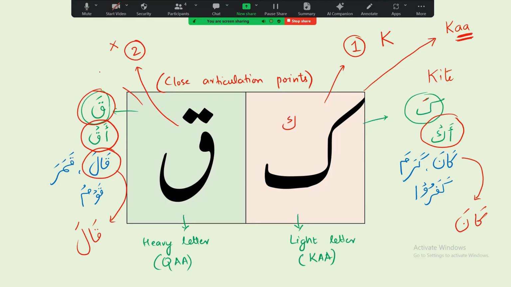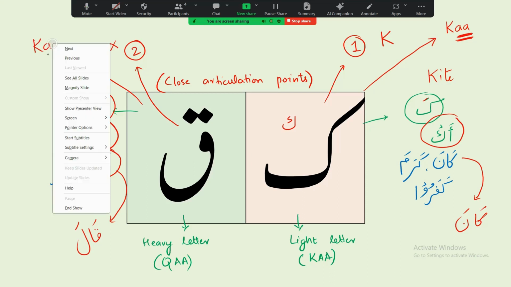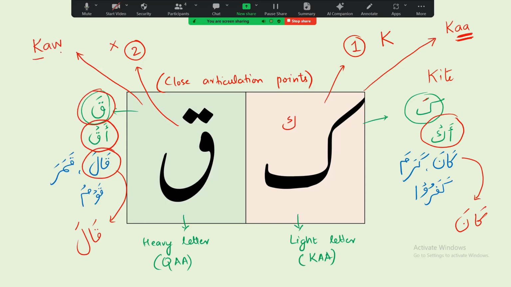But in heavy alphabets, you will always hear this aw sound at the end. Let me write it the correct way, Q at the start, because this sound is heavy. So we say aw. The aw sound is at the end. The first one is ka, ka, empty mouth sound. The second one is a heavy sound, aw, aw, like that.